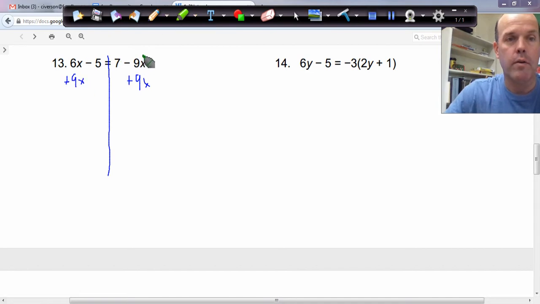Alright, and those will cancel. And then 9 plus 6 is 15. So I have 15x minus 5 equal to 7. So let's add 5 to both sides.